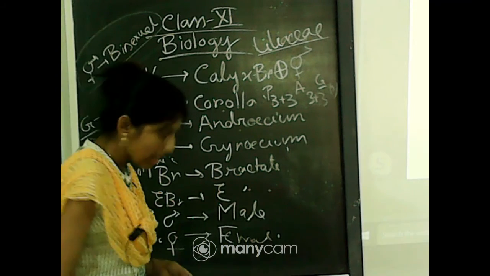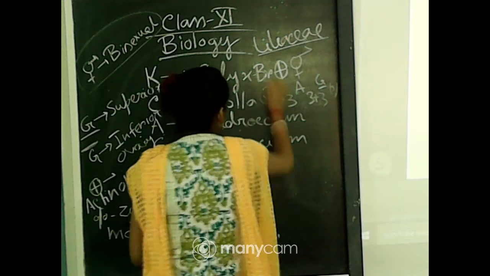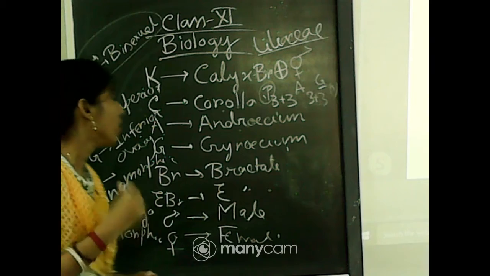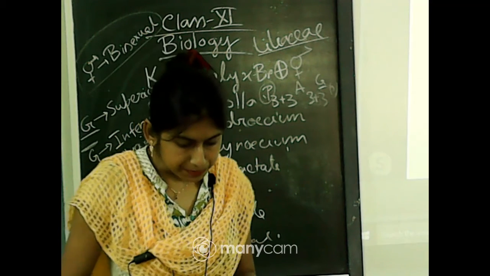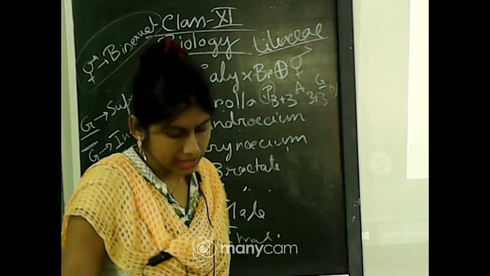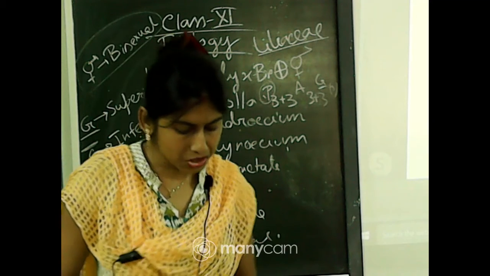Now, here a new term comes, that is written as P. P for perianth. If there is a covering part of sepals and petals, it is called perianth, and the number is 6, and it is present in two groups, 3 plus 3.